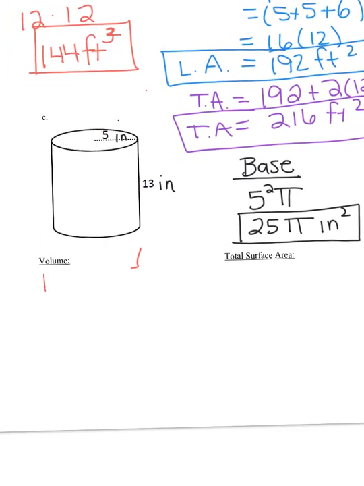Okay, for volume, still area of base times height. Our base was 25 pi times that height of 13, which results in 325 pi inches cubed. Remember, inches squared times inches gives us inches cubed.